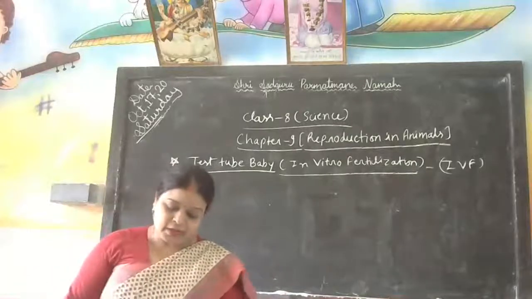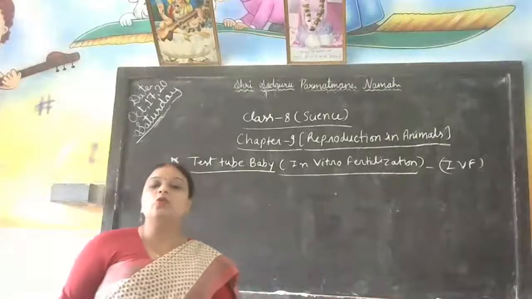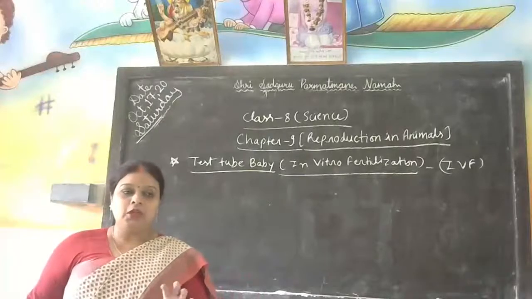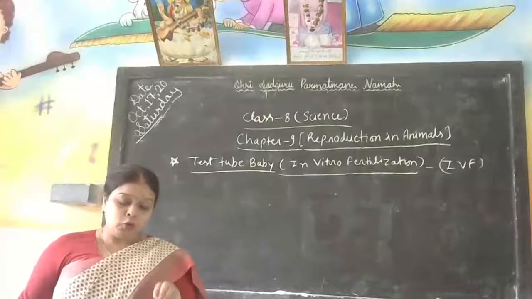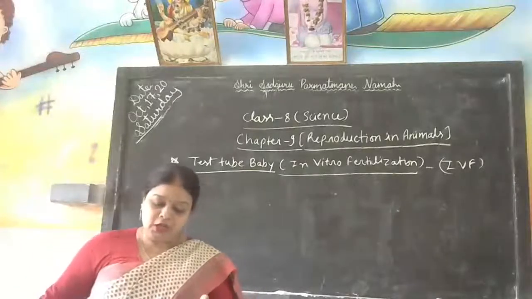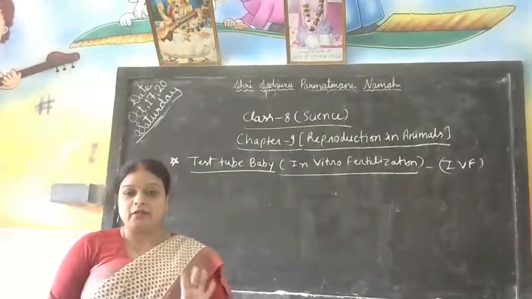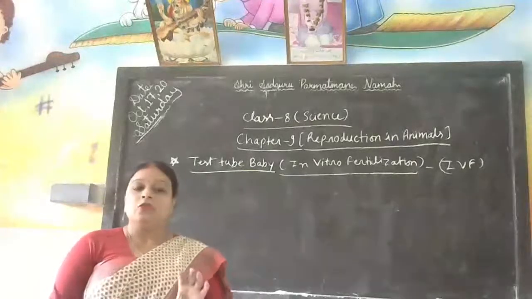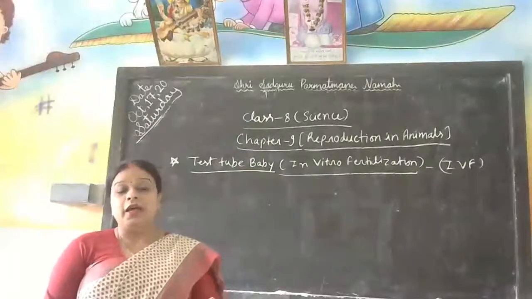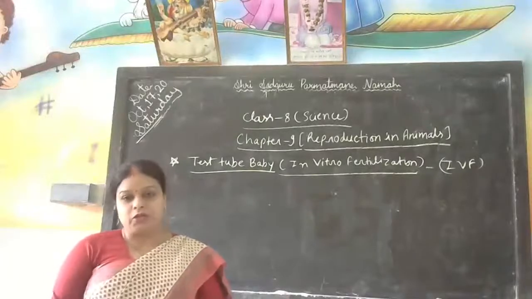In some cases, women's oviduct, also known as fallopian tube, is blocked, due to which sperms are unable to reach eggs. If sperms are unable to reach eggs, then there is no fertilization, no zygote formation.